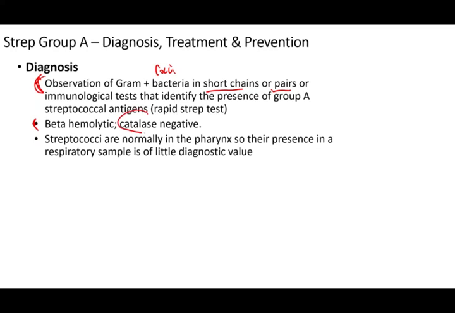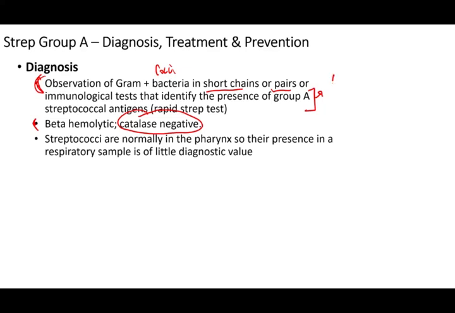And then the biochemical test to contrast it with Staphylococcus is catalase negative. But probably the most important way is right here, and that's doing what's called the Lancefield agglutination test, or just a Lancefield grouping test.